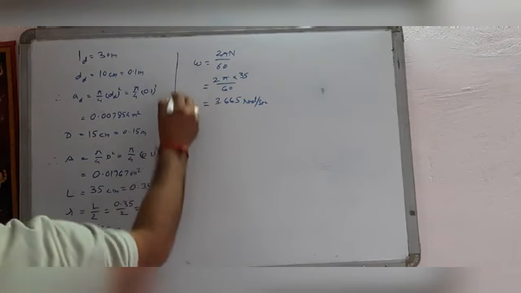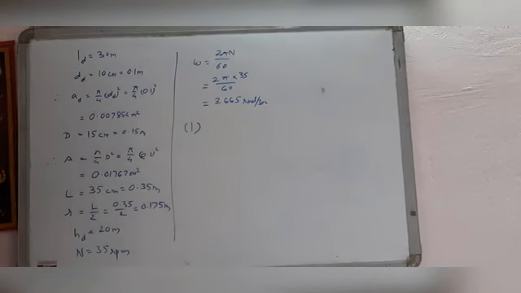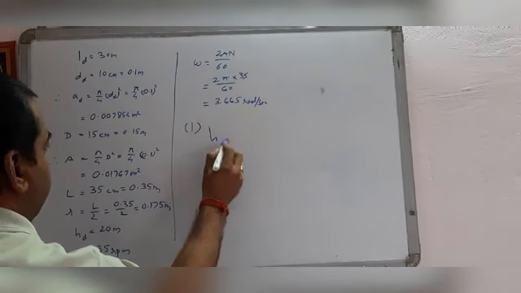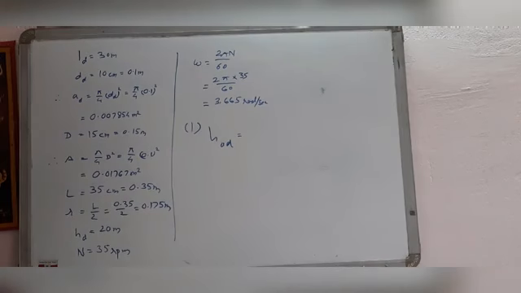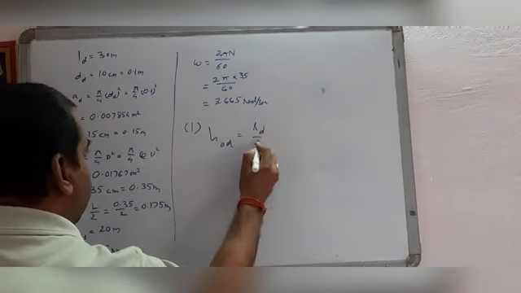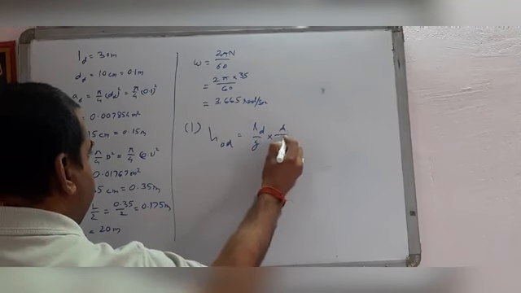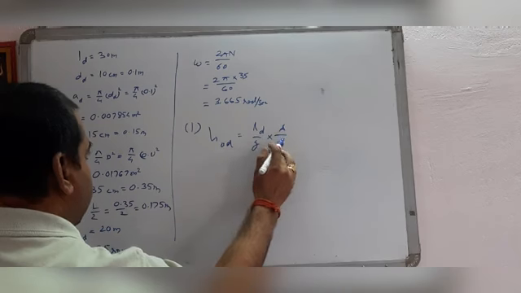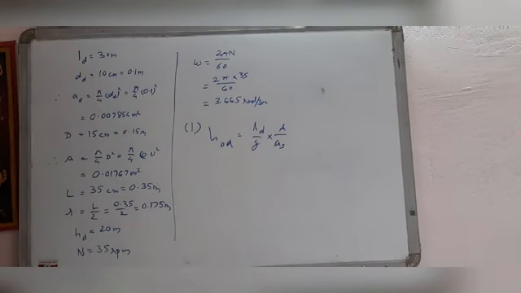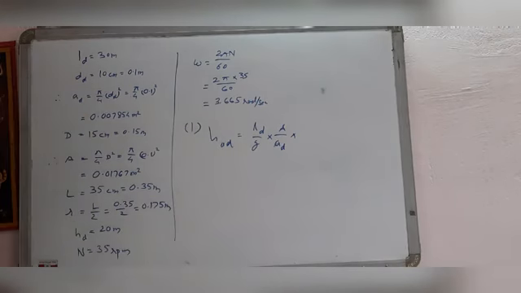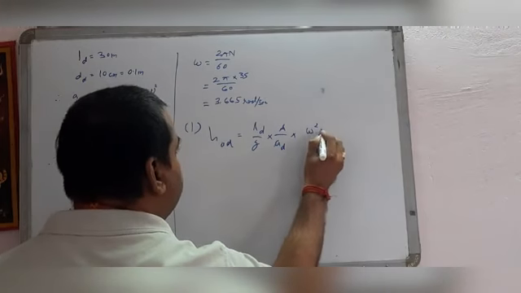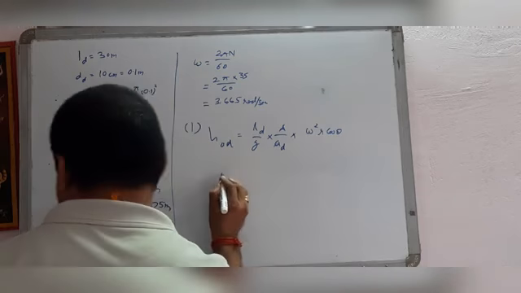Now we have to calculate first the pressure head due to acceleration in the delivery pipe, HAD equal to LD by g into A by AD into omega square R cos theta.